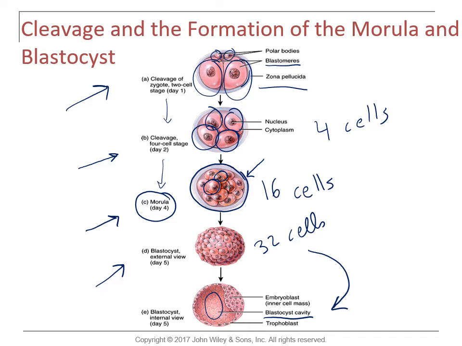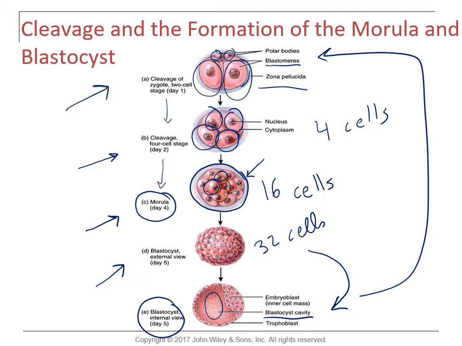Once the blastocyst cavity is formed, the developing mass is called the blastocyst. So here this whole thing is the blastocyst. Now it has hundreds of cells. The blastocyst is still the same size as the original zygote.